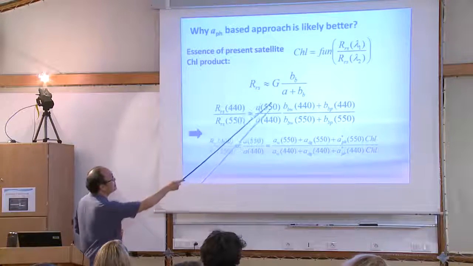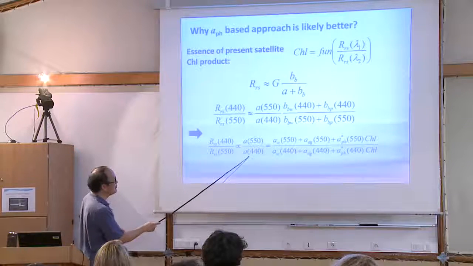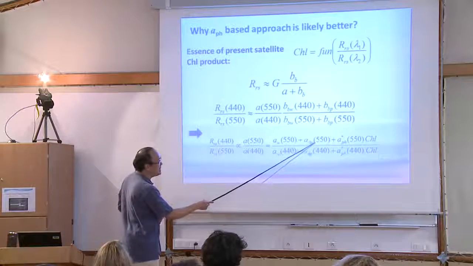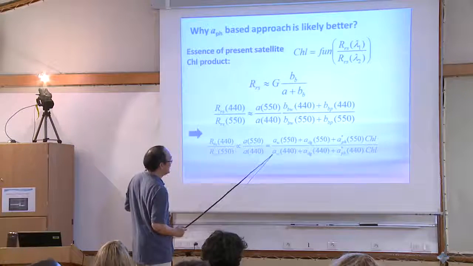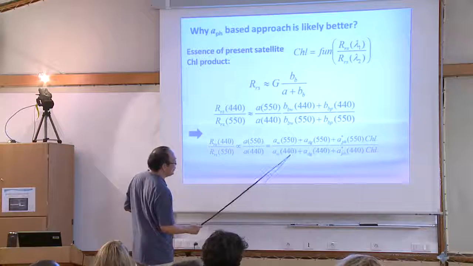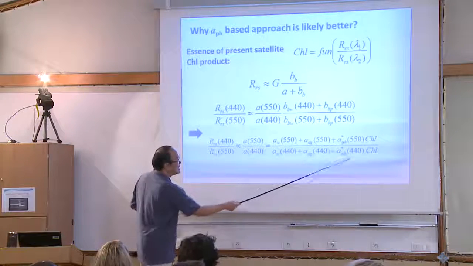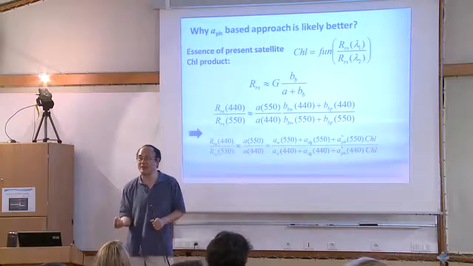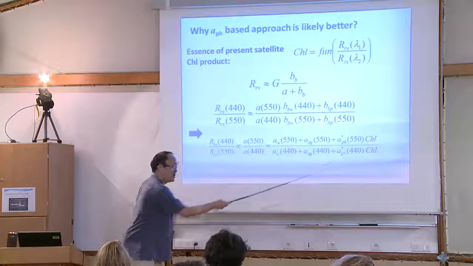If you put that into the BB over A plus BB relationship, A550 divided by A440 includes ADG 550 and APH 550 times chlorophyll. A440 includes A water 440, ADG 440, and APH 440 times chlorophyll. This is the so-called chlorophyll specific absorption coefficient, right? And here's the chlorophyll concentration.